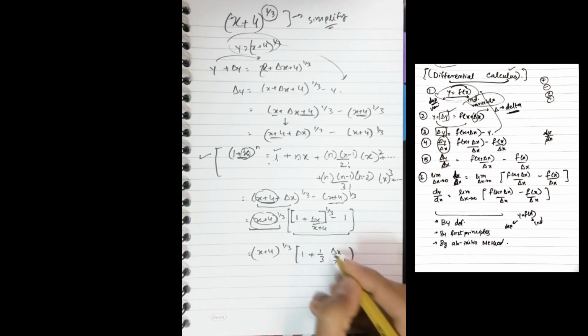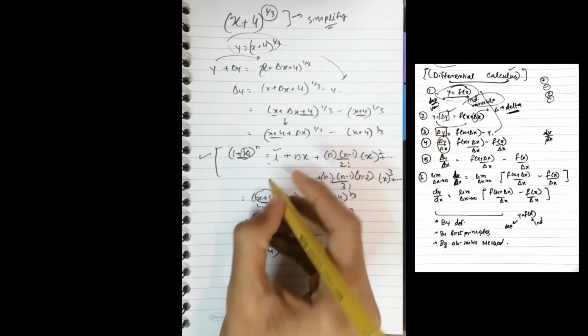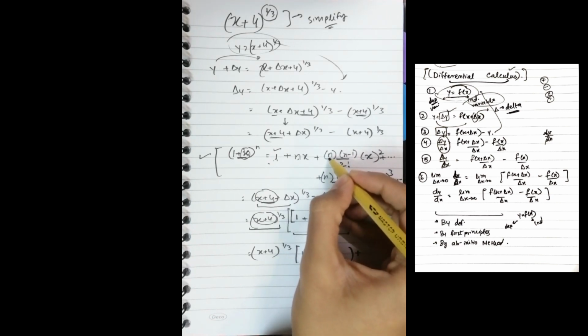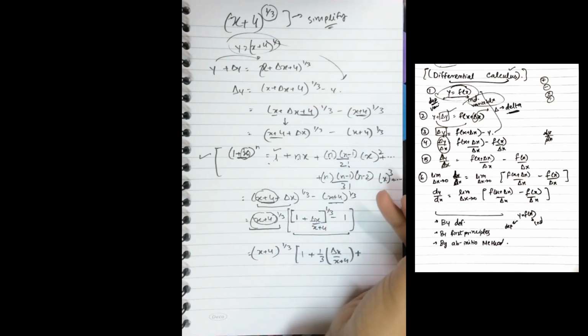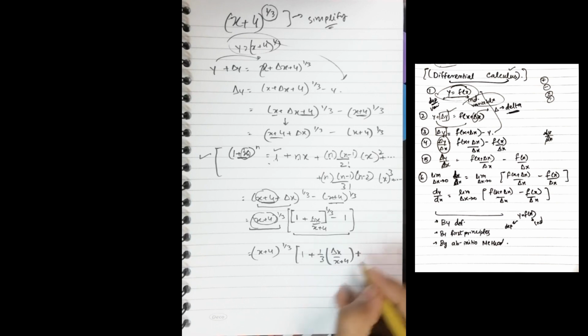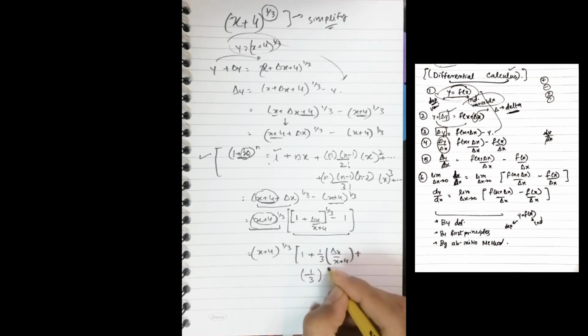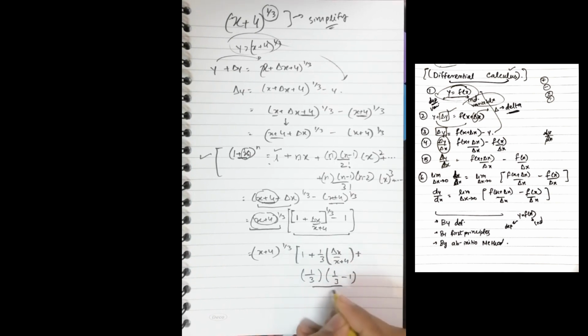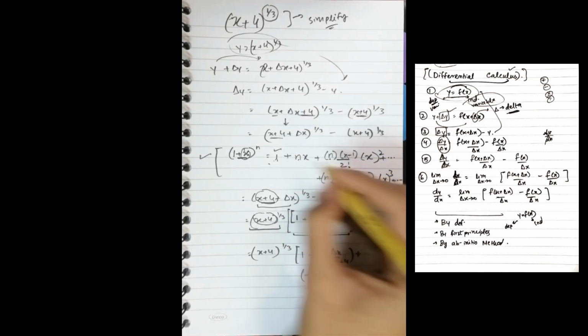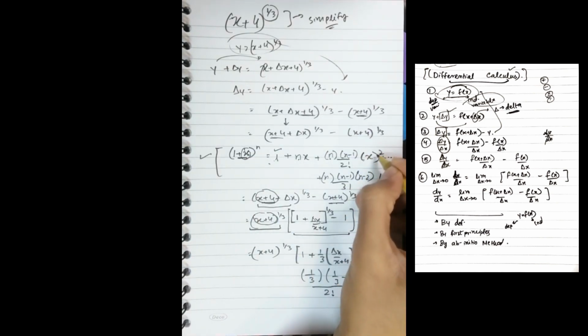Okay, so it's being multiplied, right? Plus we get the power, and the power is being subtracted by 1, and there's a 2 factorial in the bottom. After that, the second term is being multiplied 2 times, right?